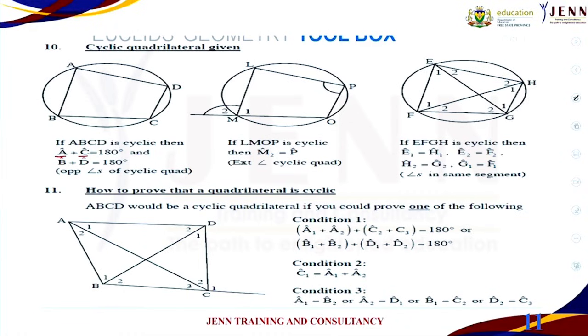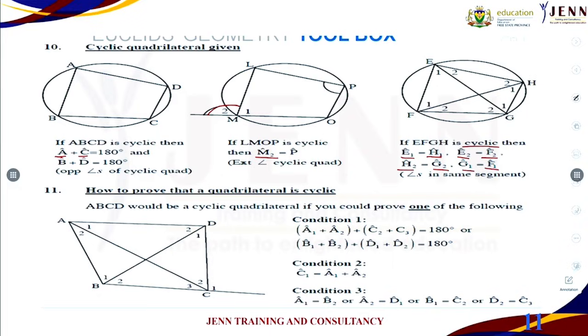Also, if LMOP is cyclic, then angle M2, which is this one outside, is equal to angle P. This is an exterior angle of a cyclic quad. And if EFGH is cyclic, then angle E1 will definitely be equal to angle H1, angle E2 will be equal to angle F2, H2 is equal to G2, and G1 will be equal to F1.